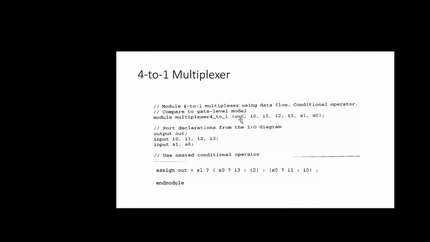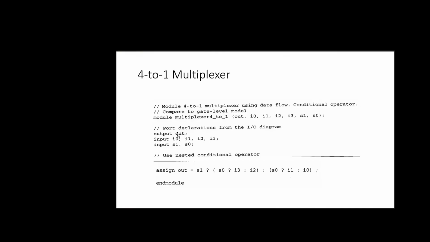Within the parentheses, we are representing the output and inputs. The output is out, and the inputs are I0, I1, I2, I3, the four actual inputs of the 4 by 1 mux, with the two selector inputs S0 and S1.